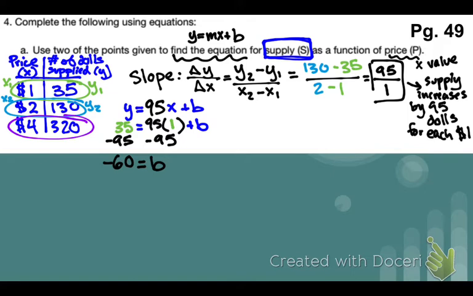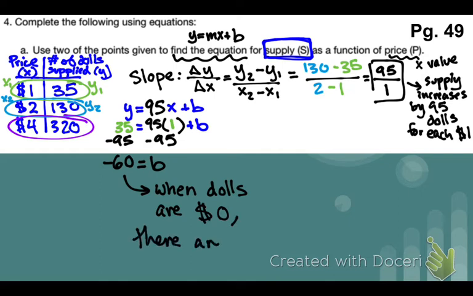So what negative 60 means is that when dolls are $0, there are negative 60 dolls supplied.